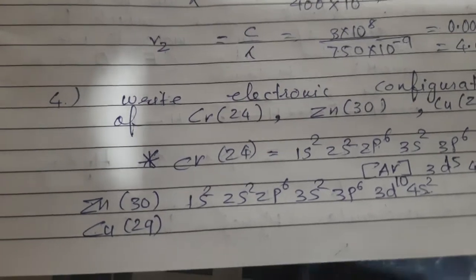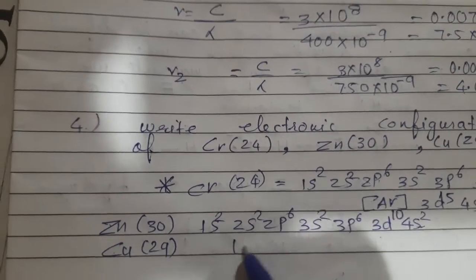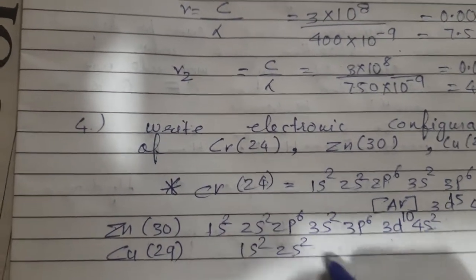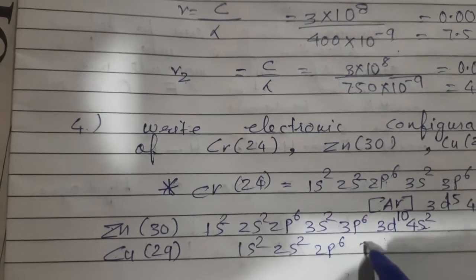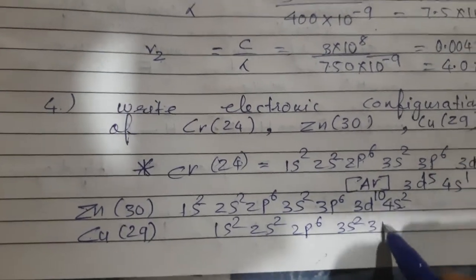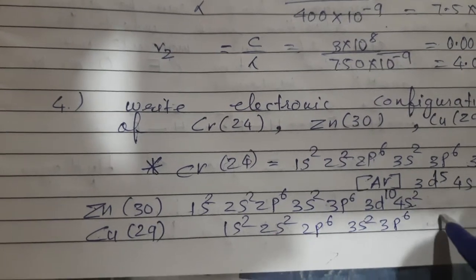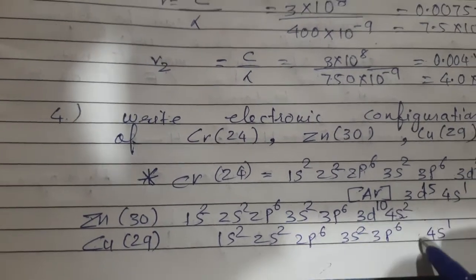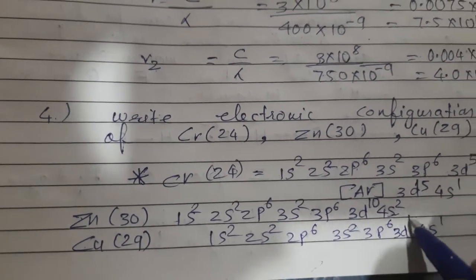Then again another exception, that is copper. Copper 29 will be written like chromium only. Here again half filled and completely filled theory will be applied. You see 1s2, 2s2, 2p6, 3s2, 3p6, 4s1 and 3d10.